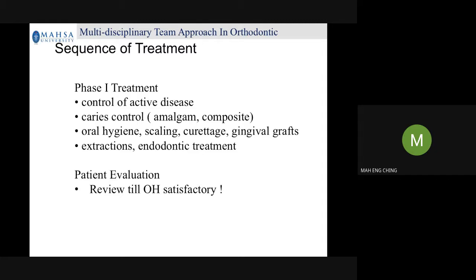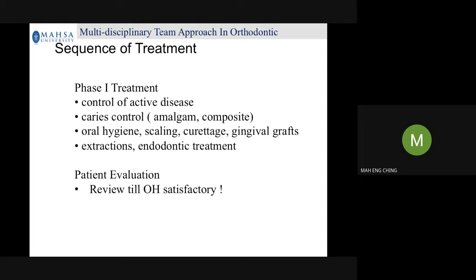When you control this patient's active disease, that's not enough. You have to review and evaluate the patient until the oral hygiene is satisfactory. Sometimes a lot of dentists or general practitioners send me patients with poor oral hygiene or periodontal compromise. When I send them back, a lot of the time they do one-time scaling, then they send the patient back to me.